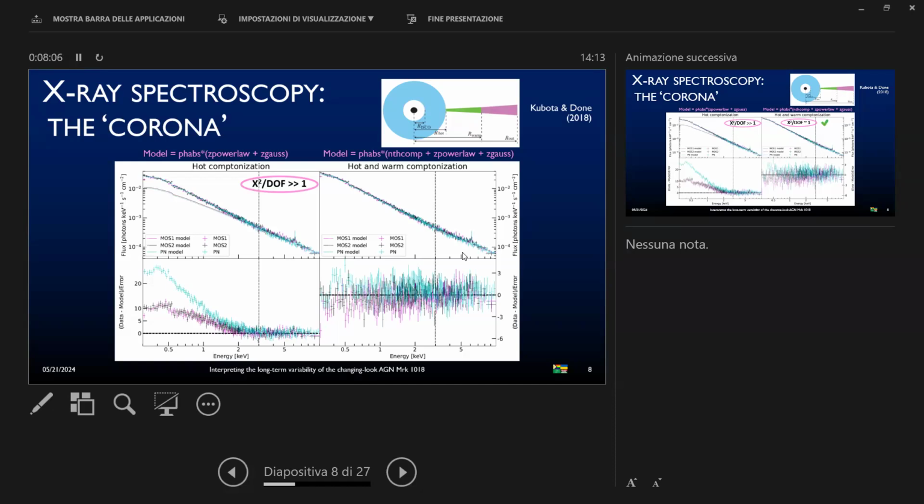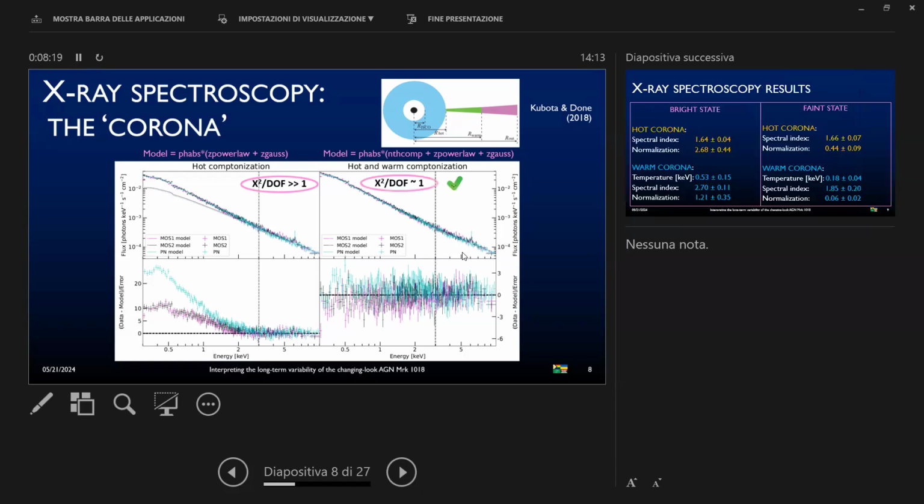And the warm corona basically gives the soft X-ray emission, and the hot corona gives the hard X-ray emission. And you see from the spectra on the right that when we apply this dual corona model, we are able to finally reconcile the model and the data.